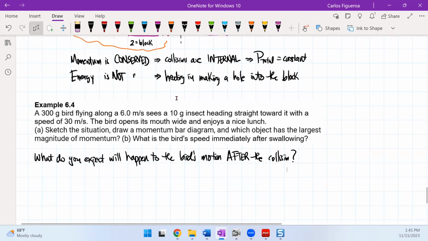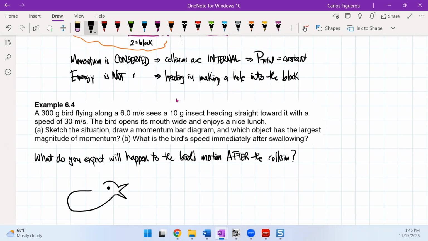Well, pictures. Boy, we got to think about a picture. I got to draw a bird. I'm not really good at this. Let's see, how's my bird going to come out? Well, I see the bird and it's coming, and it has its beak wide open. Okay, so I could imagine that here's my bird. That's not so hot, is it?